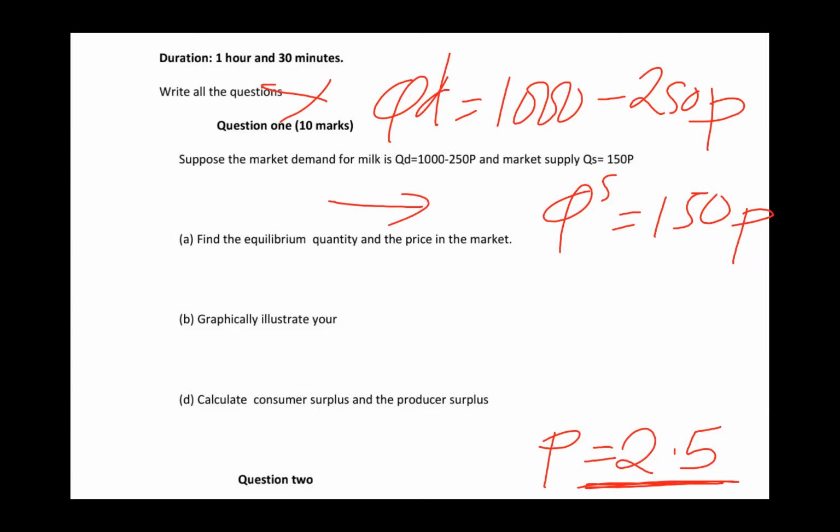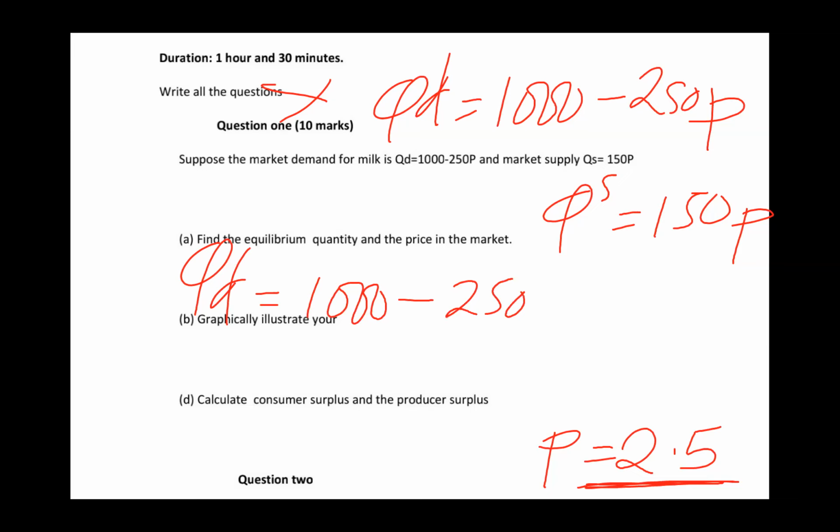Between the quantity demand and the quantity supply, choose one. Let's use the quantity demand. Quantity demanded is equal to 1,000 minus 250. Where there is P, we'll put 2.5, the equilibrium price. What is 250 times 2.5? 625.